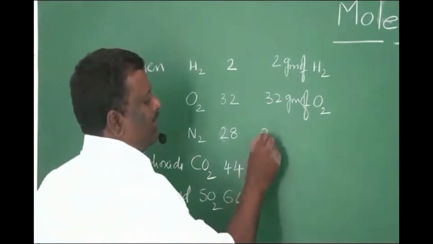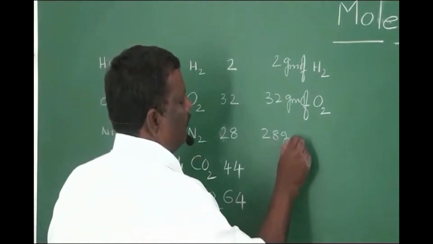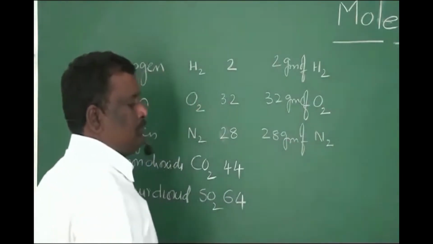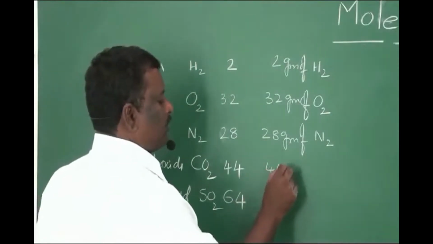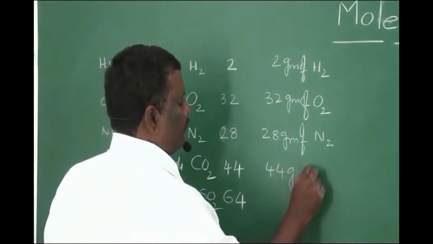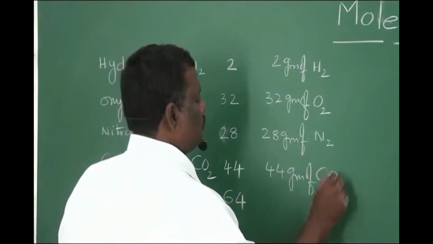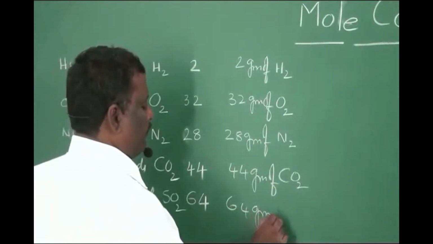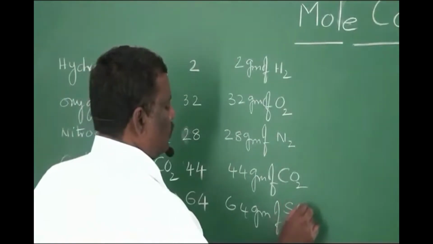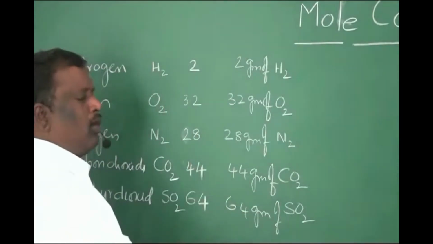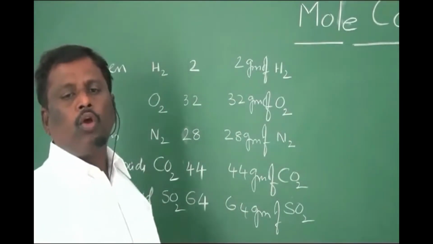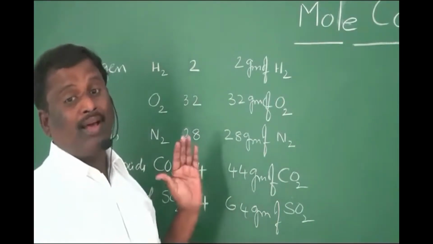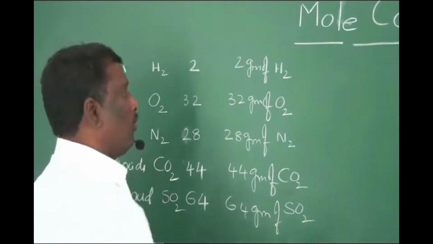Similarly, 28 grams of N2, 44 grams of CO2, 64 grams of SO2. So these amounts are said to be 1 gram molecular weight or 1 gram mole or simply mole.